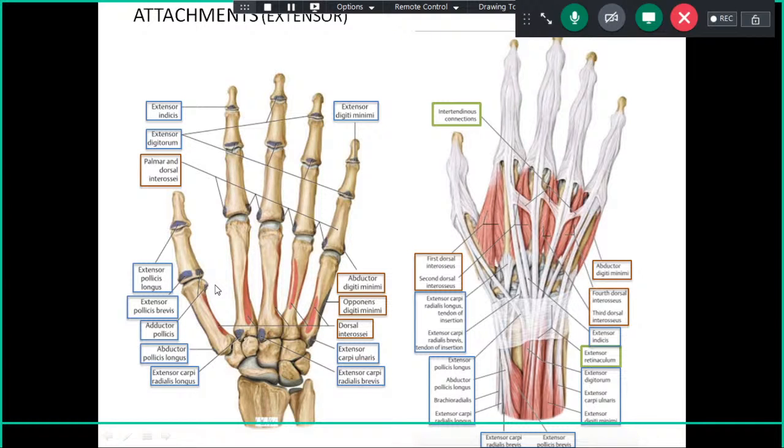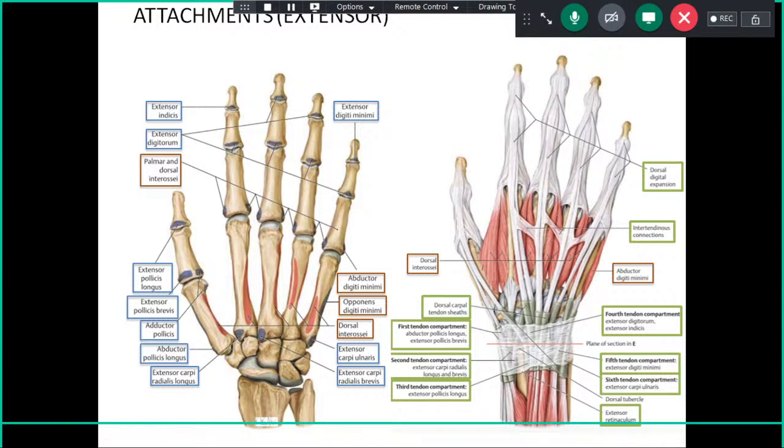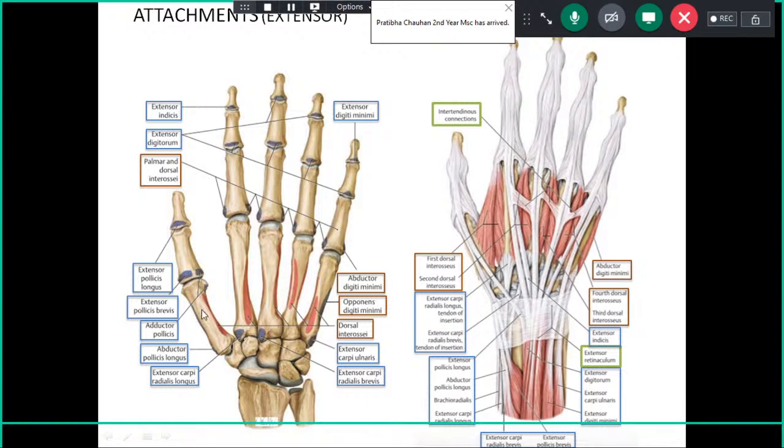Then how the tendons are arranged in the tendon compartments. All right. Why I am highlighting it again is that you have to appreciate that a muscle is going to produce its action where it crosses the joint. Like I have the extensor pollicis longus attaching onto the distal phalanx.